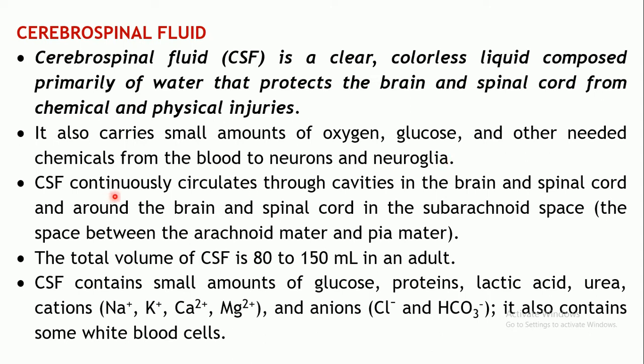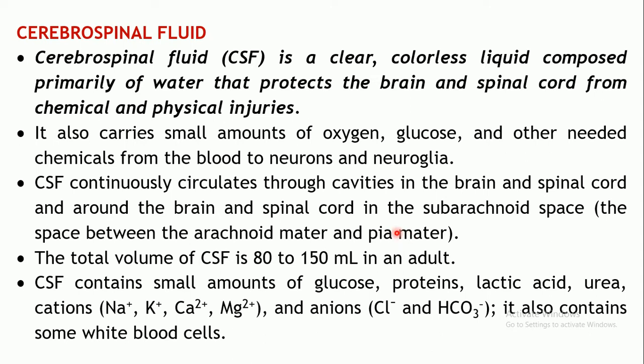And the CSF is continuously circulating through the cavities of the brain. We'll come to the cavities of the brain and the spinal cord. It also circulates around the brain and the spinal cord in the subarachnoid space, that's between the arachnoid mater and the pia mater, the middle and the innermost layer, to give protection to the CNS because it's quite delicate.